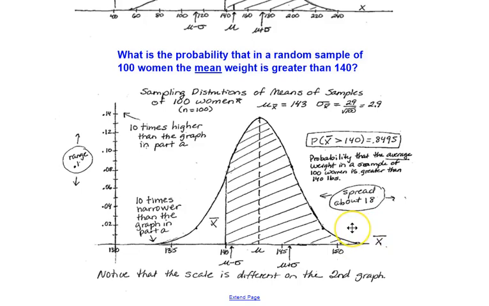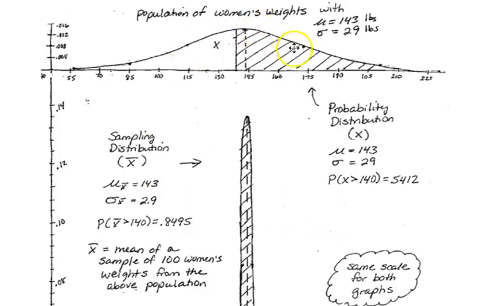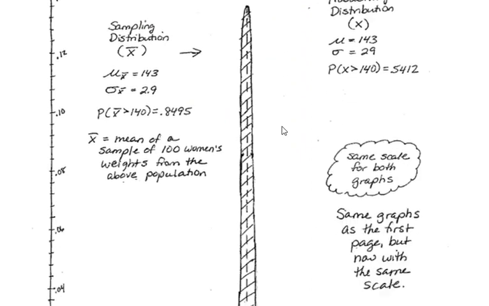Since the entire distribution is clustered more closely around the mean, we see that the probability of X bar being greater than 140 is now up to about 85%, because a greater proportion of the area is closer to 143. Now, what if I put these two graphs on the same scale? Here would be the population of women's weights, and here's the sampling distribution of X bar.